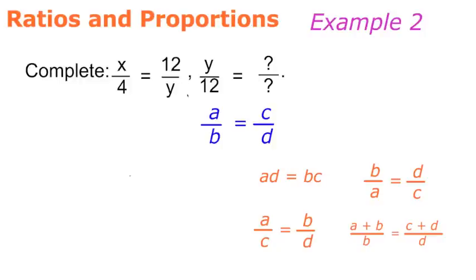So what we can see is, from the original proportion, what happens? We invert the second ratio. We write 12 over y as y over 12. Therefore, we're going to need to invert this side, x over 4, and it's going to become 4 over x.